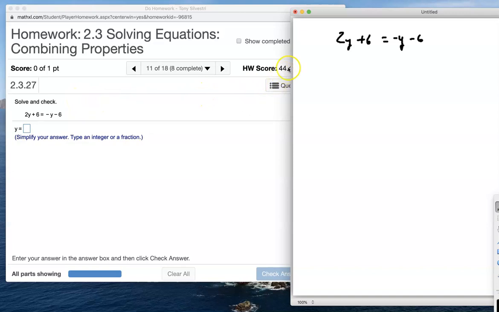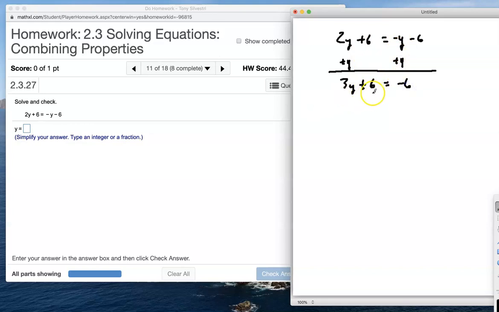Now, there's nothing that says that you can't add or subtract a variable. So to get rid of this y from the right side, I'm going to add y to both sides. Whatever you do on one side, you do on the other. So 2y plus y is 3y. Bring down the 6, because that didn't get involved with anything. The y's cancel here, and we get minus 6.